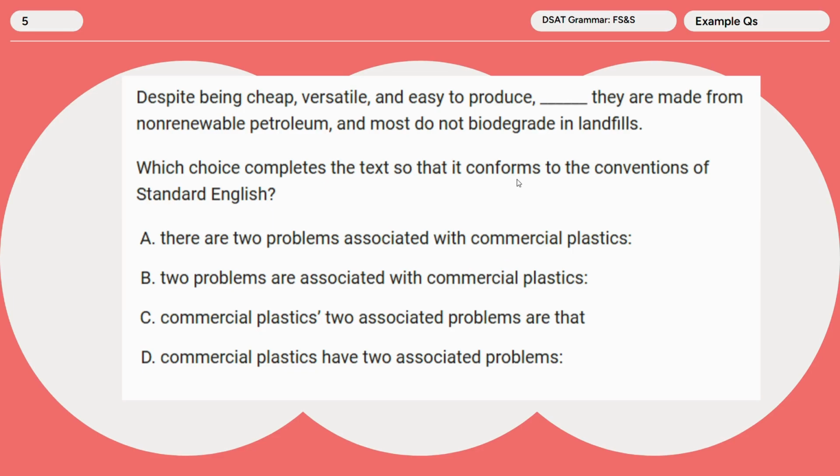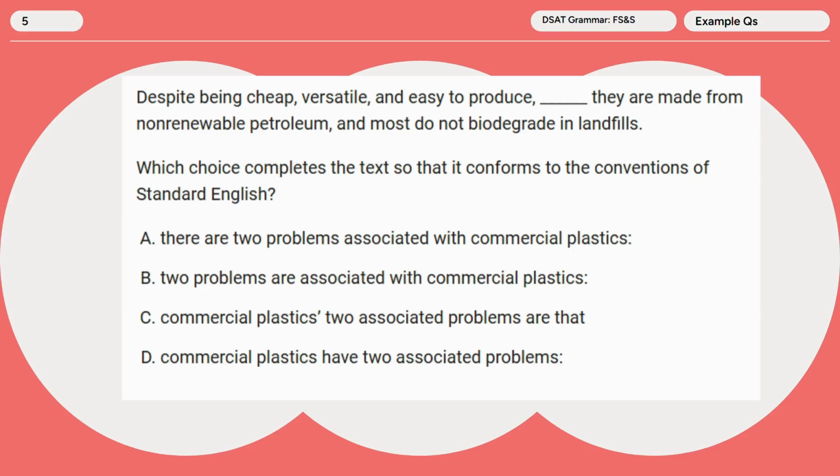So it's a conventions of standard English question, and we see that despite being cheap, versatile, and easy to produce, blank, they are made from non-renewable petroleum and do not biodegrade in landfills. So let's look at the answer choices.